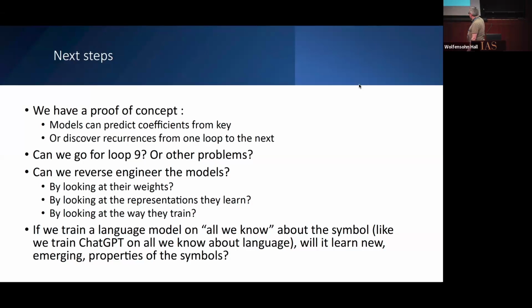The other idea which we're pushing now is that suppose we train a language model on all we know about the symbol, like you train ChatGPT on everything we know about language, which is all the scraped internet. Will it learn new emerging properties of a symbol? So those are the questions we wonder about.